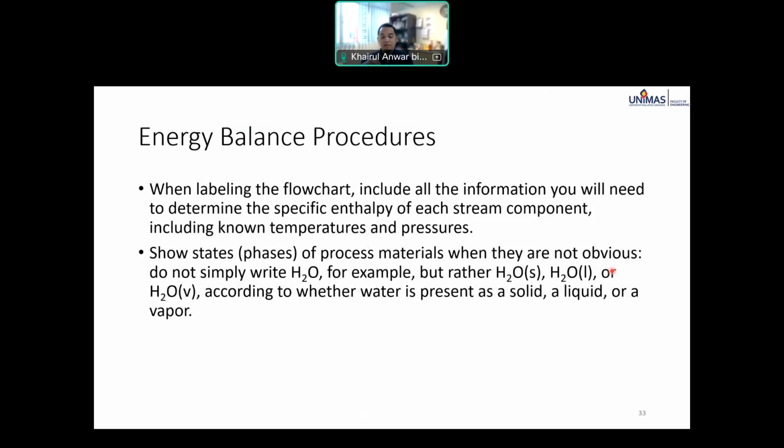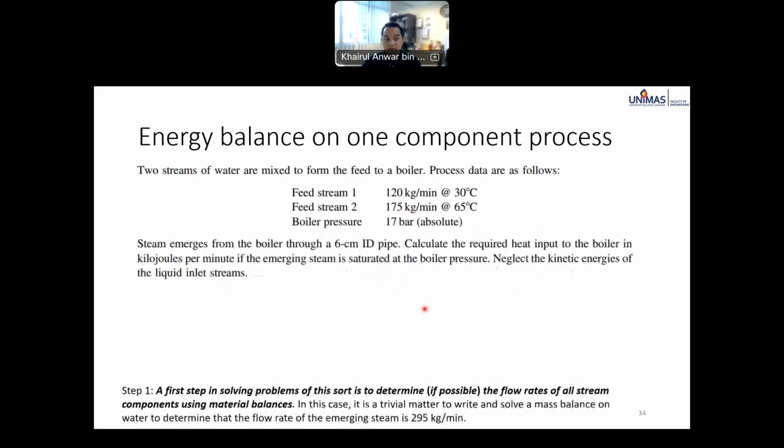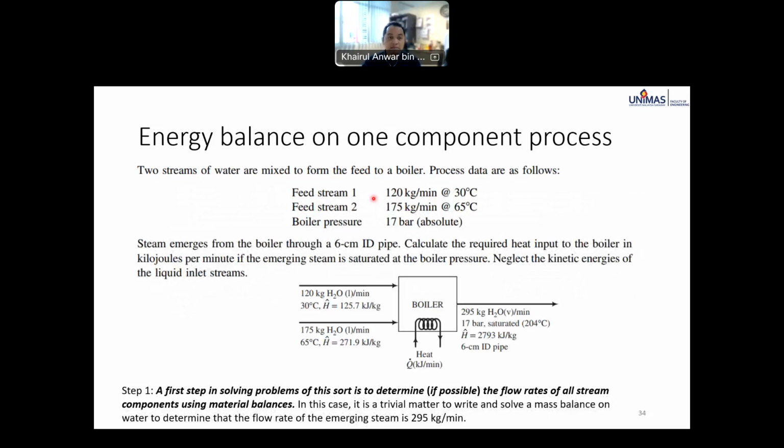Do not simply write H2O, because the phases differ and have different values of enthalpy and internal energy.